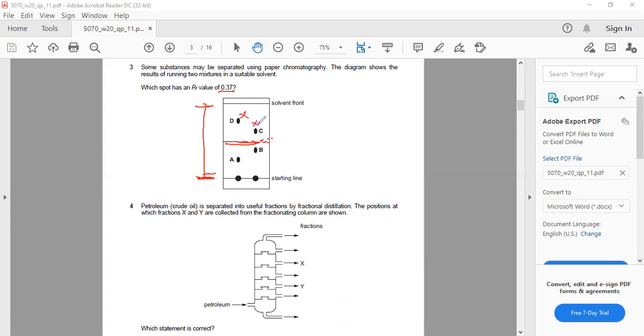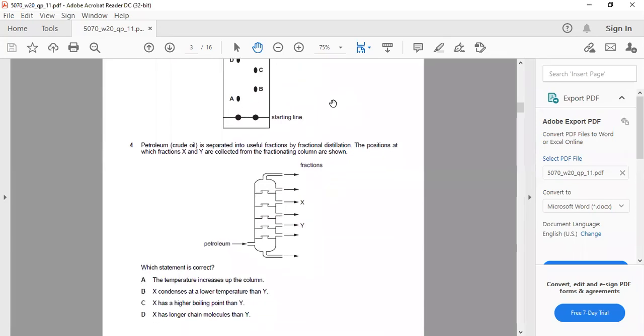So C and D will not be the answer because their answer will be more than 0.5. So A or B is the answer, and A is wrong because it has covered less distance. The other way is you can measure the distance covered by B and the distance covered by the solvent and divide it, but that will take too much time.